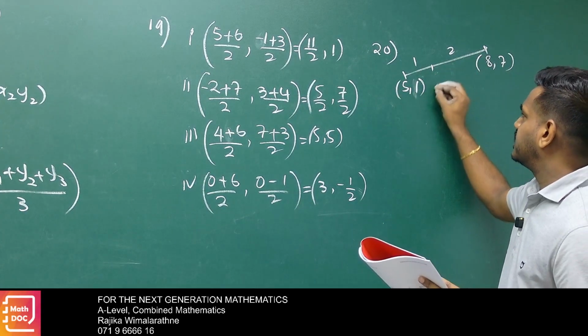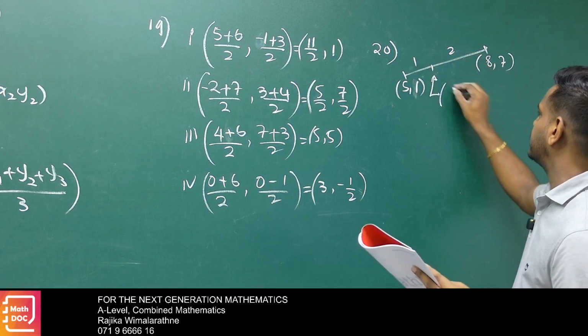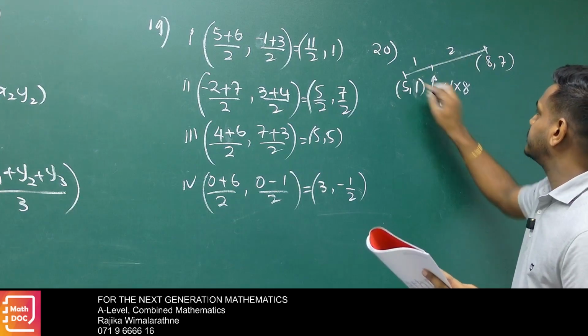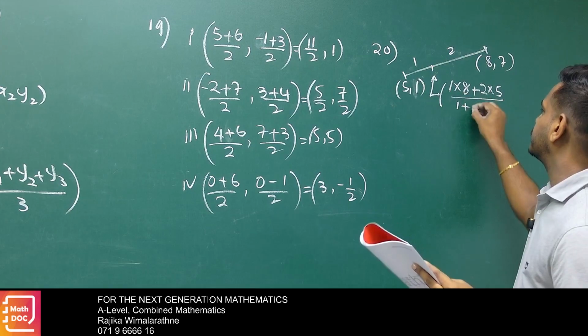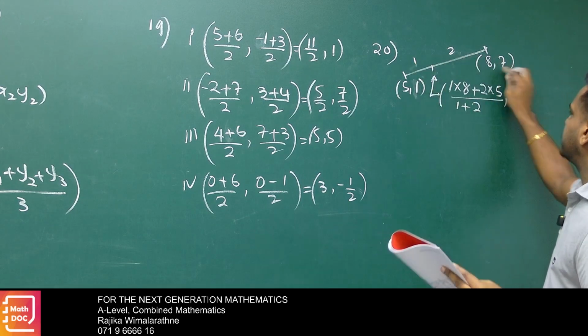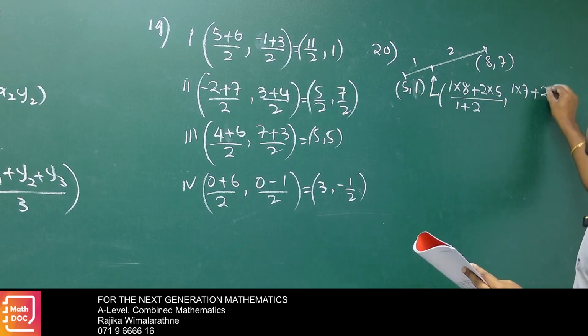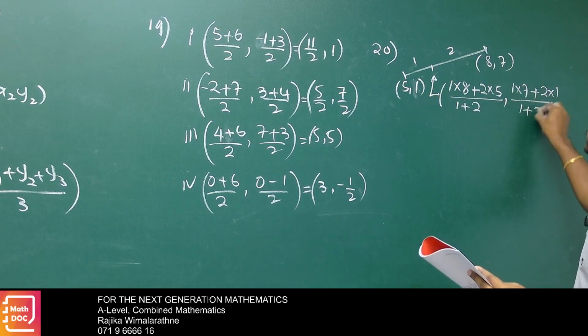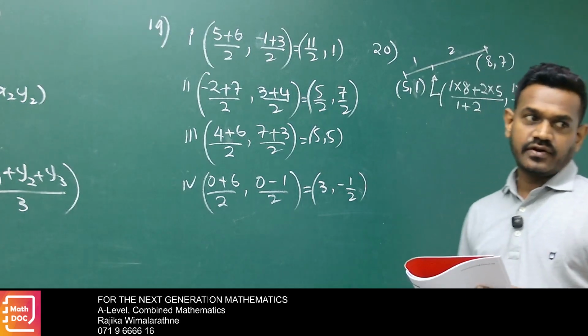Then here the point: 1 times 8, 2 times 5, over 1 plus 2. Again 1 times 7, 2 times 1, over 1 plus 2. So when you find the x coordinate, you take only x coordinates.